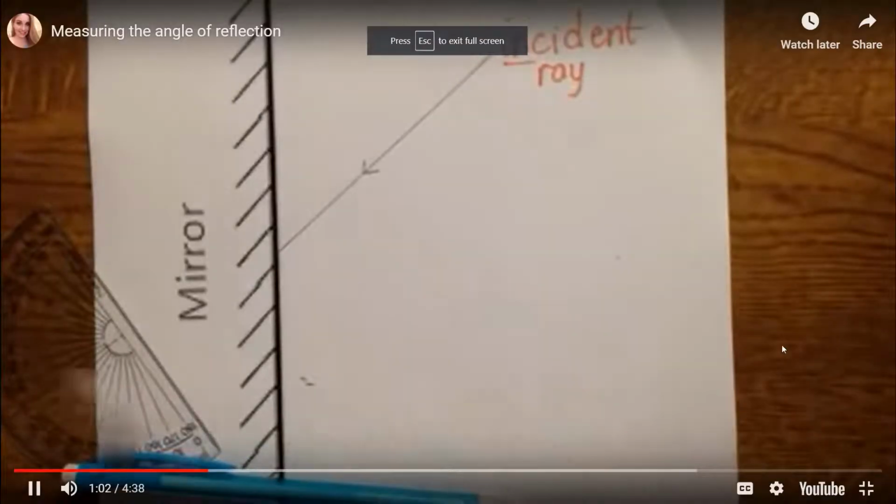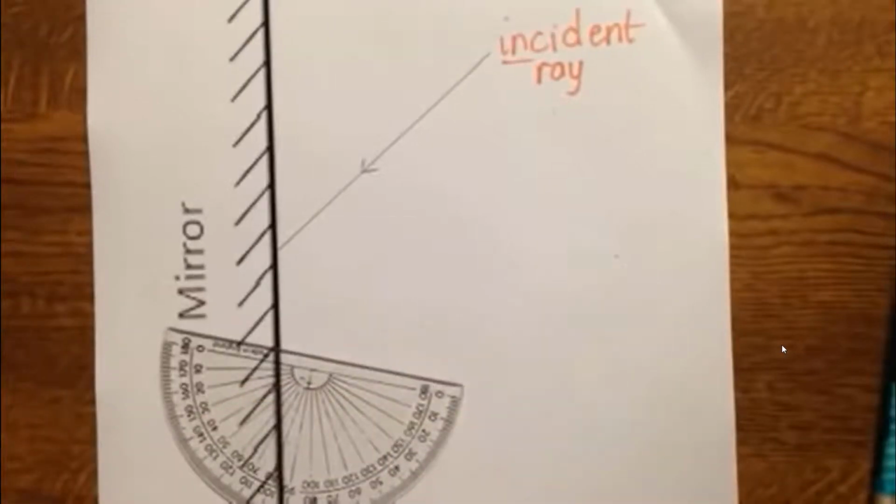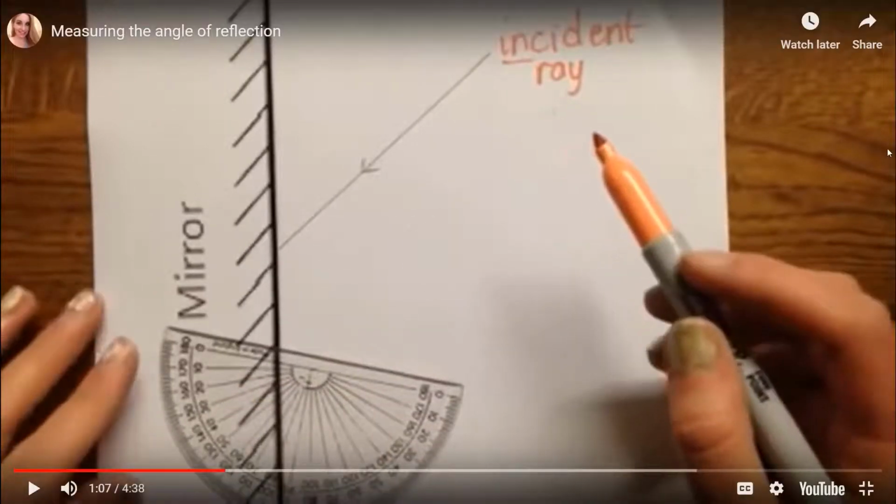The next step is to draw our normal. This is the incident ray, and this is the mirror, so we are going to draw the normal line. First, you start from the common point between the mirror and the incident ray.